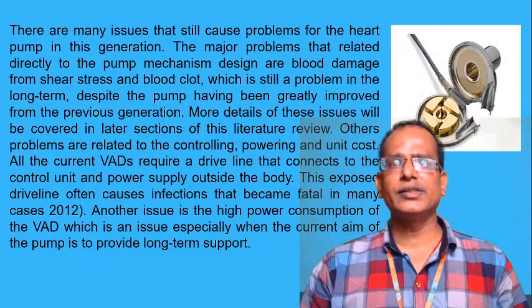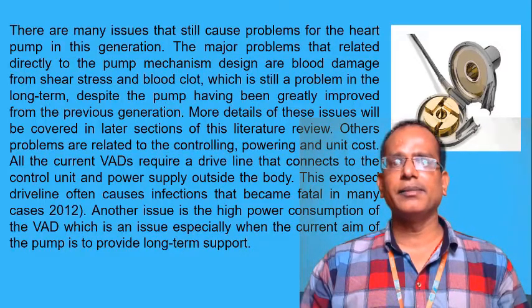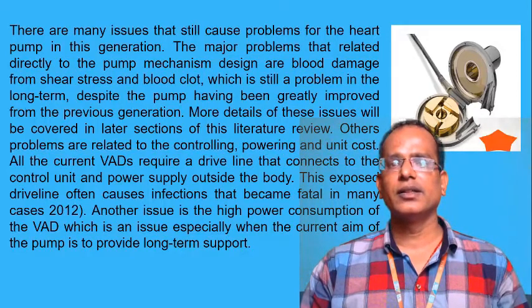So there are many issues that still cause problems for heart pumps in this generation. The major problems are related directly to the pump mechanism design and damage the blood from the shear stress, and also cause blood clots, which is still a problem in the long term, despite the pump having been generally improved from the previous generation.